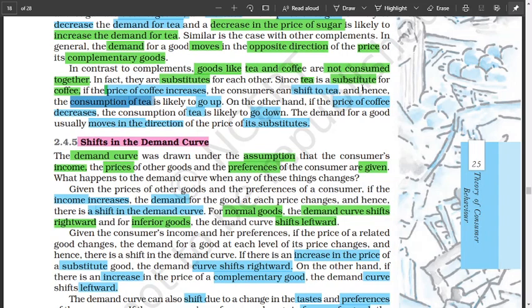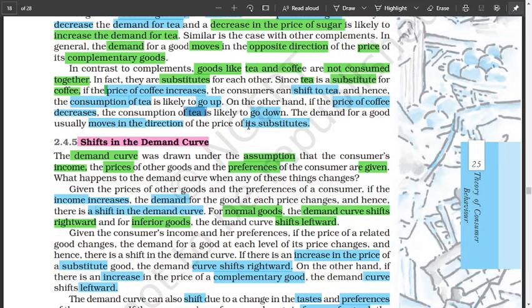On the other hand, if the price of coffee decreases, coffee has become cheaper, but the price of tea remains the same. Because coffee is becoming cheaper, people would forgo tea and go for coffee. So demand moves in the same direction as the price of its substitutes.